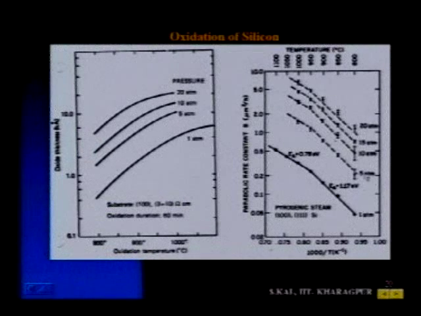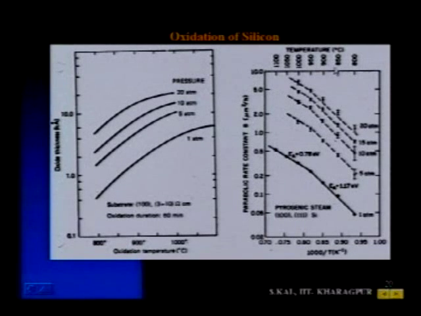Now at different ambient reaction chamber ambient pressure in a pyrogenic steam oxidation, either it is 100 or 111, with temperature, because the temperature increases here, you see this side it increases, and the bottom scale is 1000 divided by T in Kelvin.